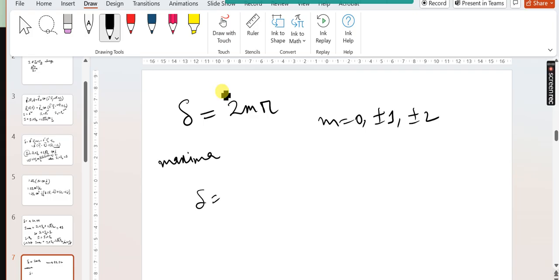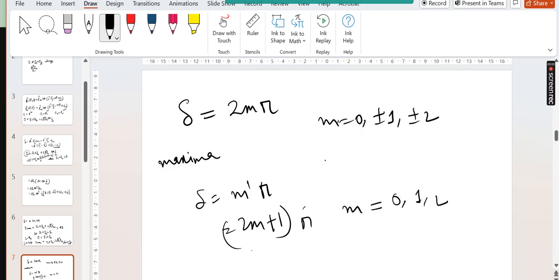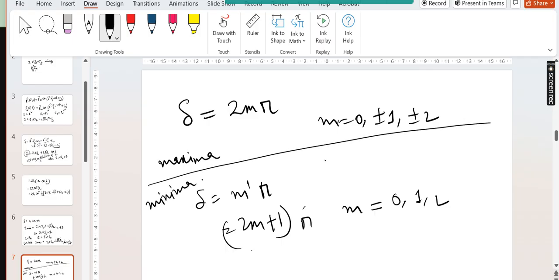And delta is equal to m' pi, you can write this as m pi also, but you need to remember this m and this m, or you can write it as (2m plus 1) pi, where m is equal to 0, 1 and 2. This is the condition for minima.